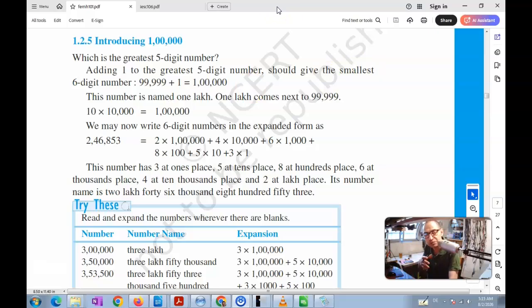Sometimes in the news or on the internet, the word lakh is used in most Asian countries, meaning in Sri Lanka and the countries around India. In those countries, the word lakh is most of the time used. You might notice it in the news or in newspapers, things like that. Okay.